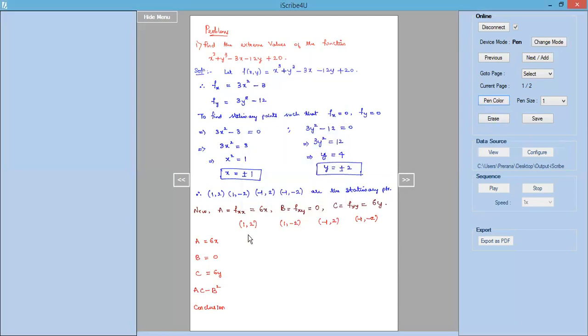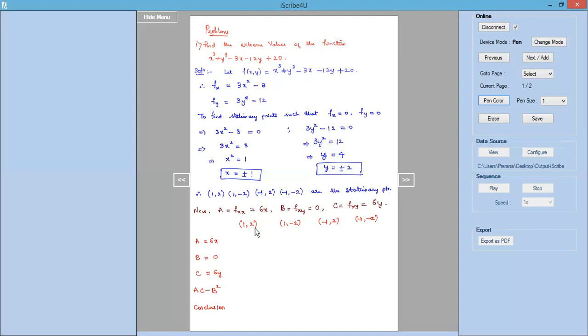For the first critical point, that is (1, 2), we will evaluate A, B, C and do the product AC minus B square, and then based on AC minus B square and the value of A, we will conclude. Okay, so A is equal to 6 into 1. Each of these critical points is of the form (x, y).